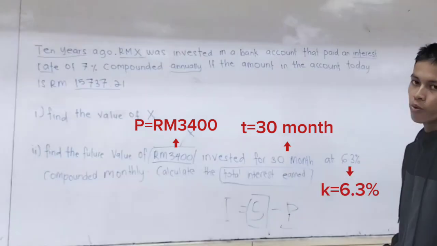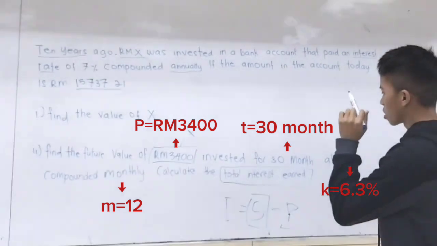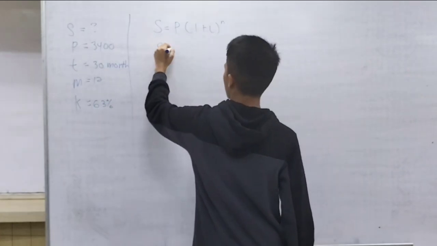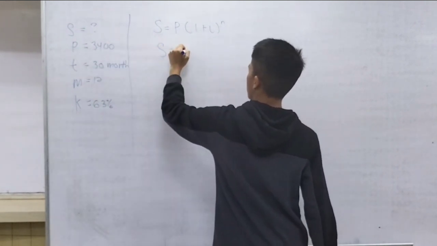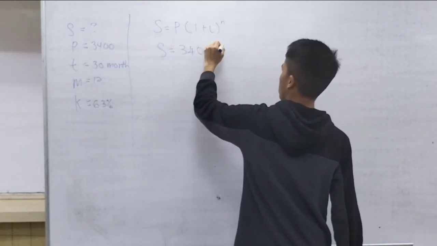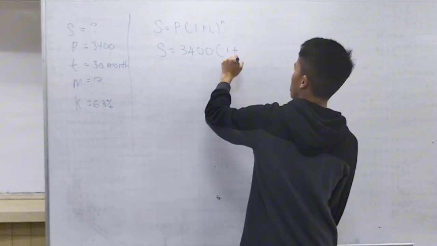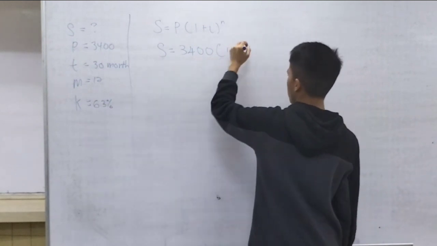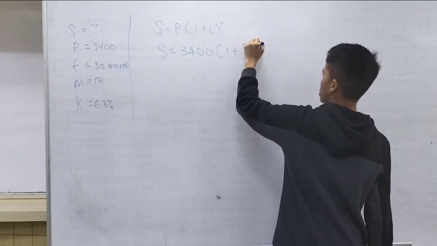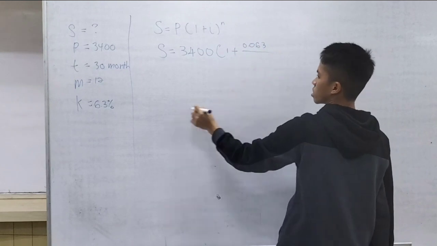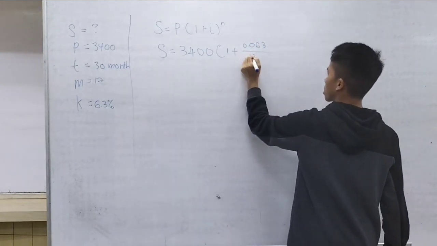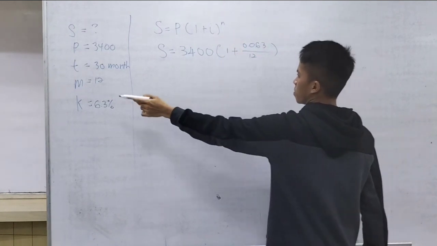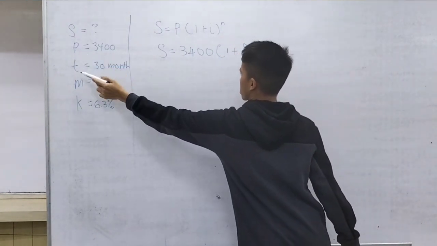So first, we must find the future value. S equal P(1 + i)^n. i is k per m. So k will be like this, per with m. And this one is m times t.